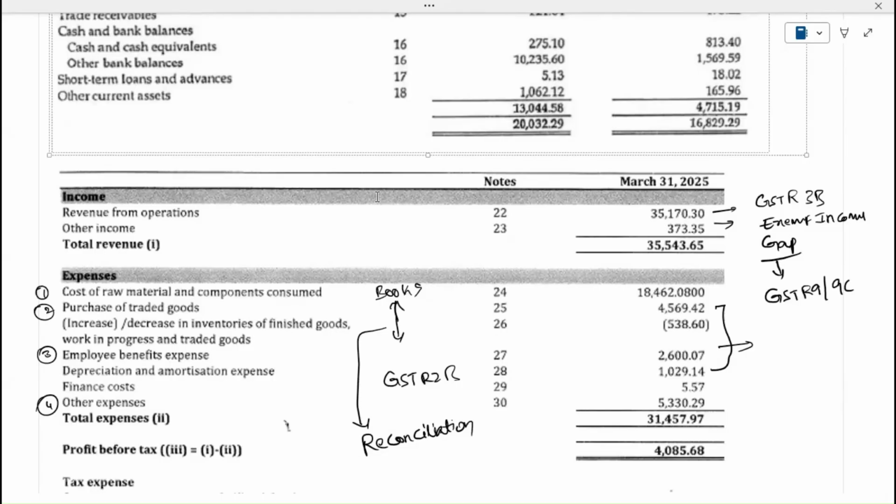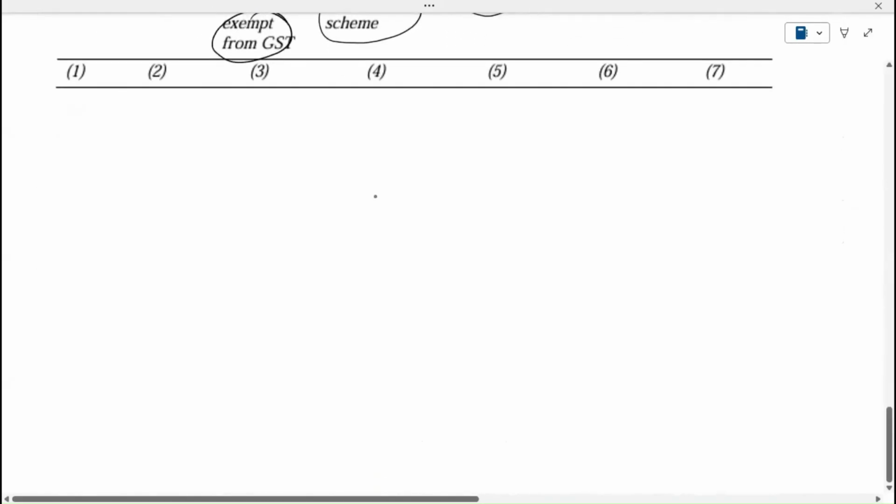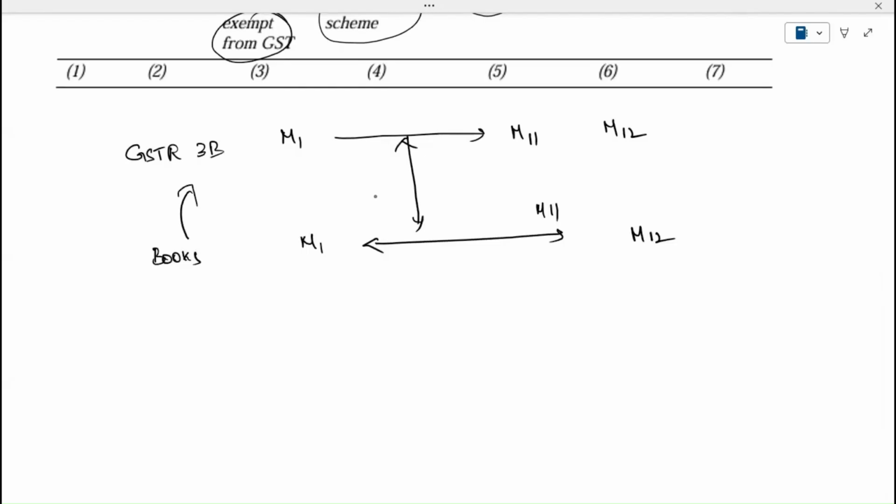So this March is crucial, where I'll just put it over here. GSTR 3B, month 1, so on till month 11, month 12. Books, month 1 till month 12. In case I compare this with this, my books vis-a-vis GST returns, please understand, books is my base.